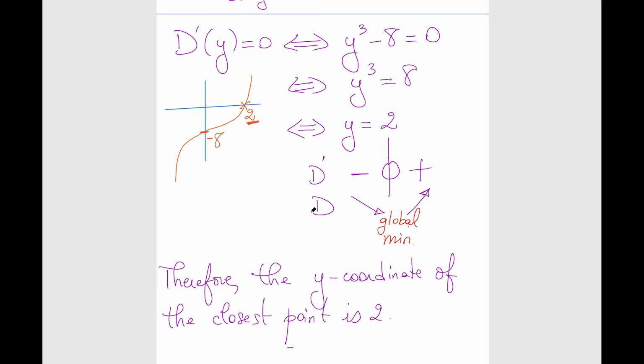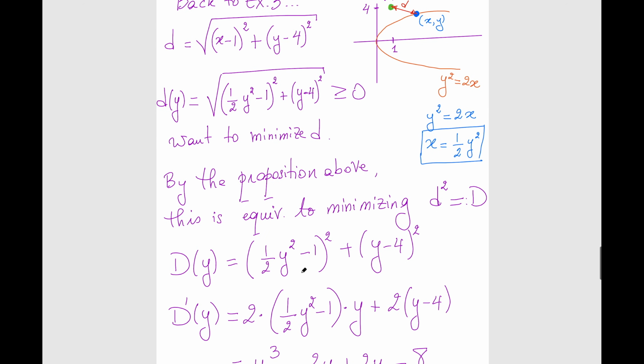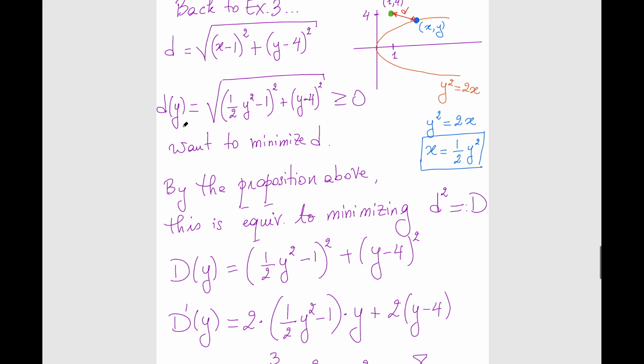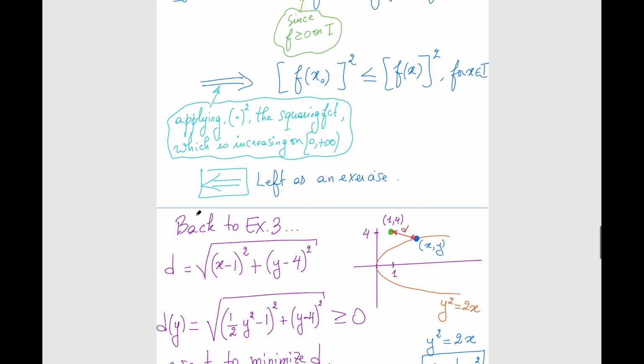Make sense? And we discussed that it's equivalent, right? Whichever point minimizes capital D is the same point that minimizes little d by the proposition we discussed above, right? Remember this? All right, so that's what I'm saying.